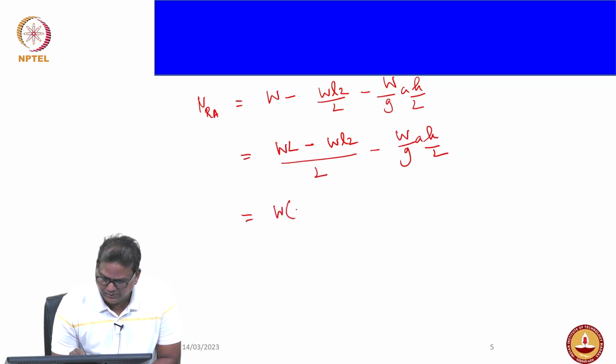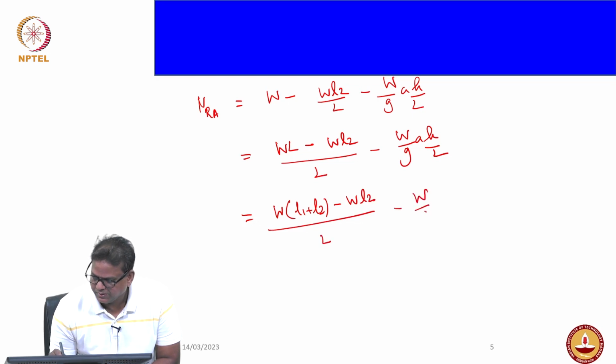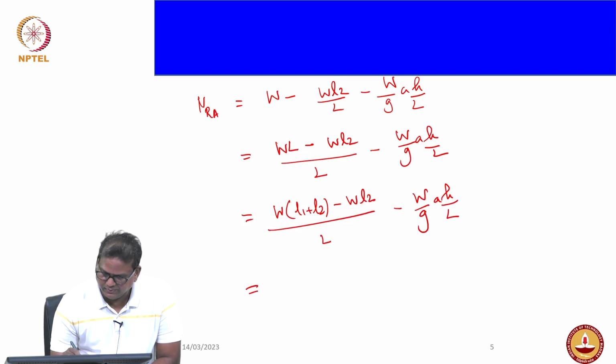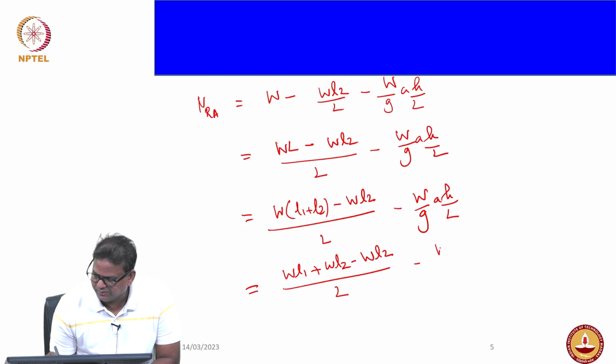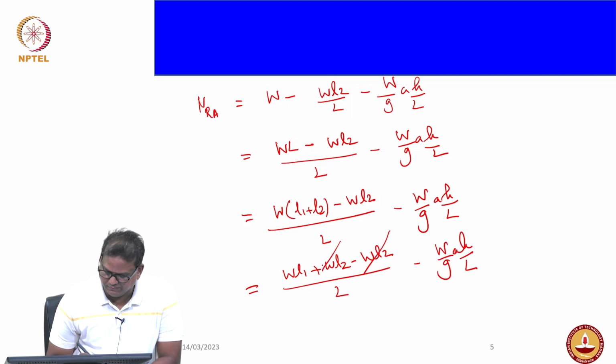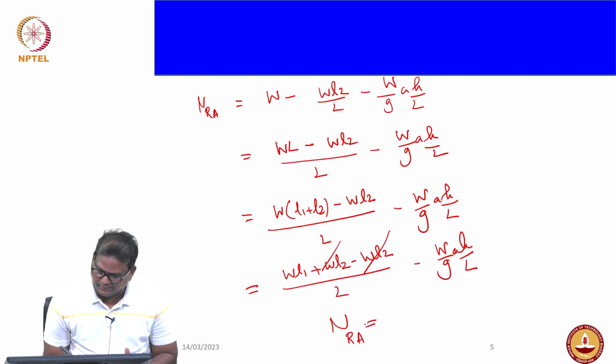W, with L equal to L1 plus L2, so W is WL1 plus WL2 by L. Then this term will be WL1 plus WL2 minus WL2 by L minus W A H by G L. So this term will cancel each other. Finally, your NRA, the reaction force at the rear axle, is WL1 minus W A H by G L.